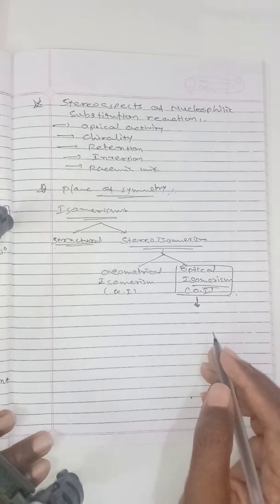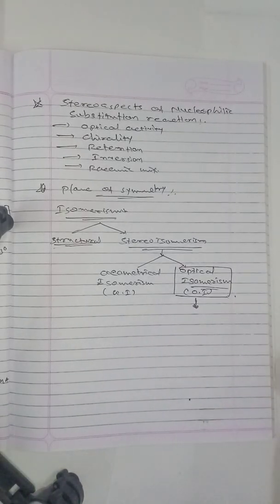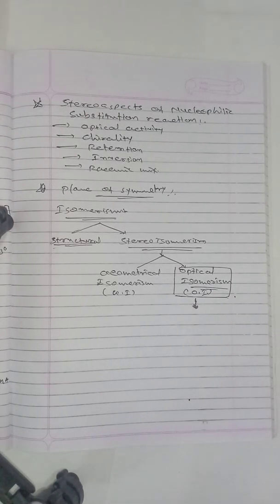Some organic compounds have the ability to rotate the plane of polarized light. Such a compound is said to be optically active.